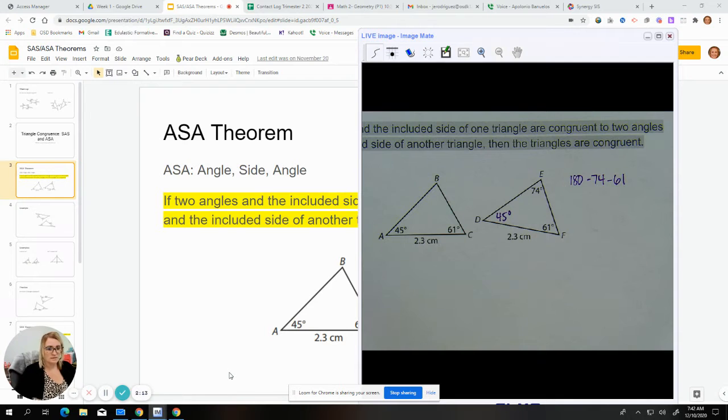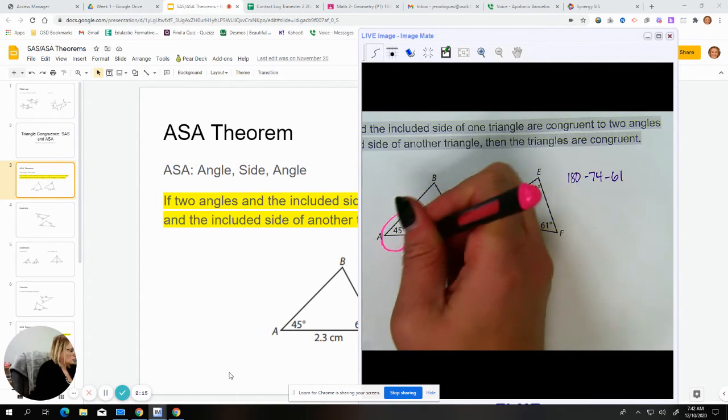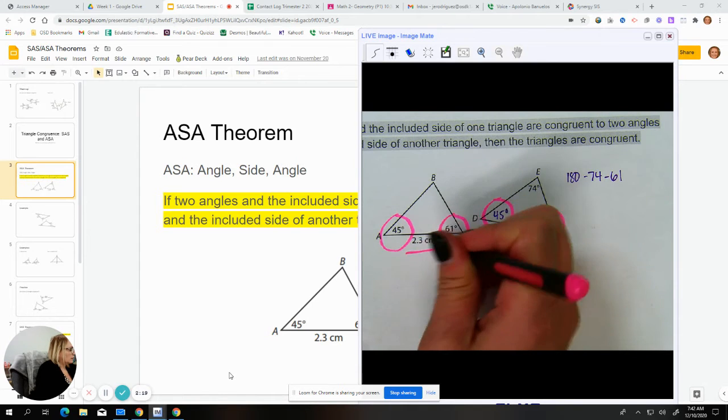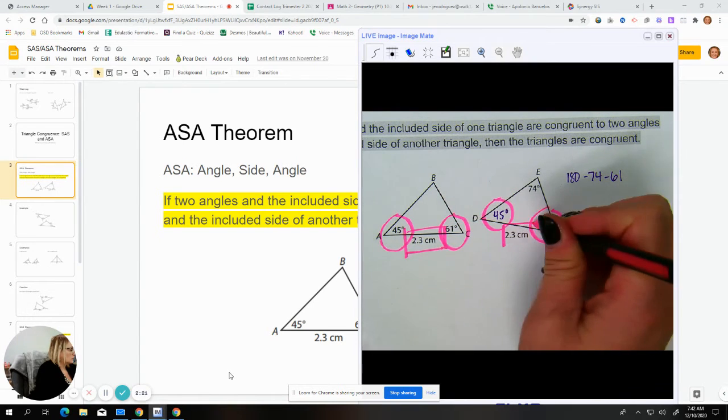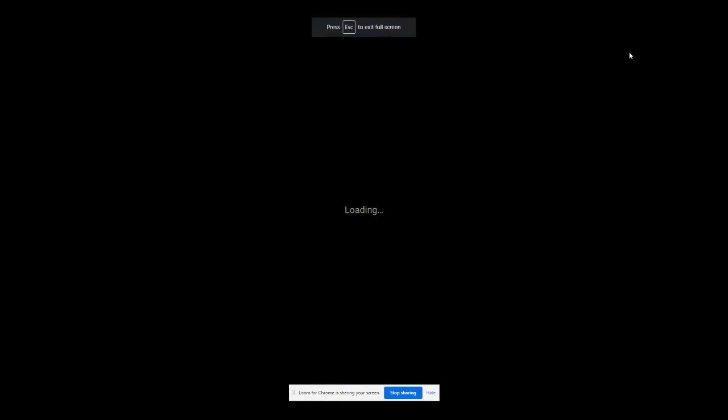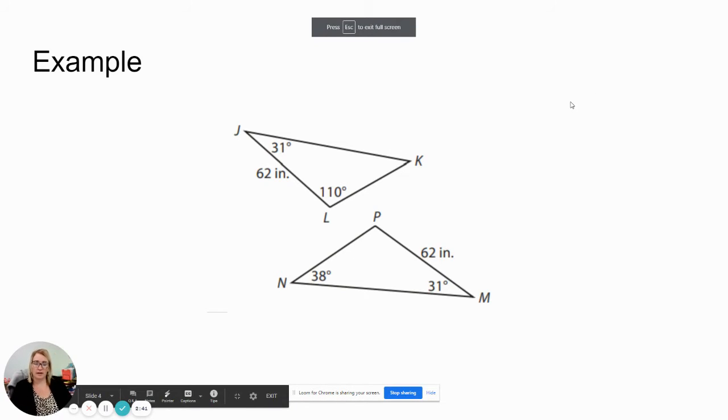And this rule says we have two angles with an included side, which means that it all is equal and exactly the same. So if you saw this example, it would say yes, these are congruent due to the ASA theorem or ASA postulate.